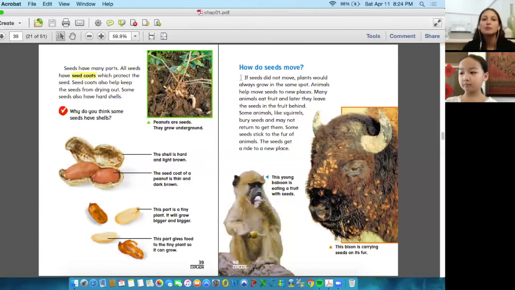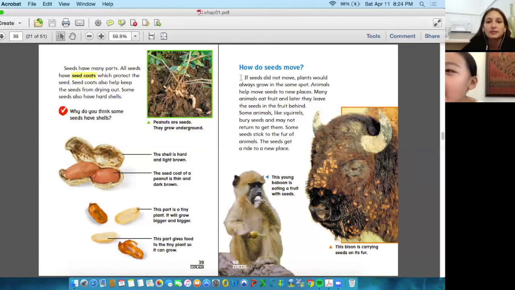Okay, so let's go on to the next page. How do seeds move? Okay. Go ahead. How do seeds move? If the seeds did not move, plants could always grow in the same pot. Animals help move seeds to new plants. Many animals eat fruit and later they leave the seeds in the fruits behind.